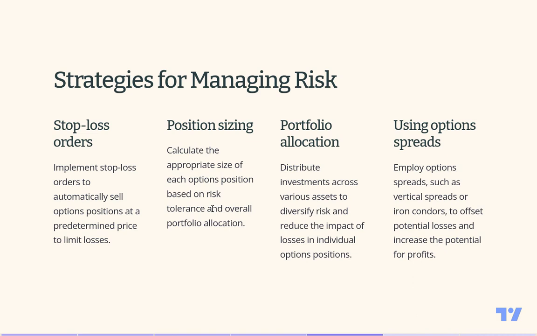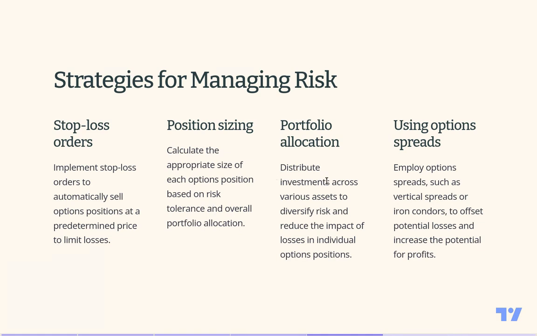Let's say you open a $1,000 account. You can tell yourself, from this $1,000 account, I am only willing to risk $100. So you are telling yourself how much you are willing to risk in that market.